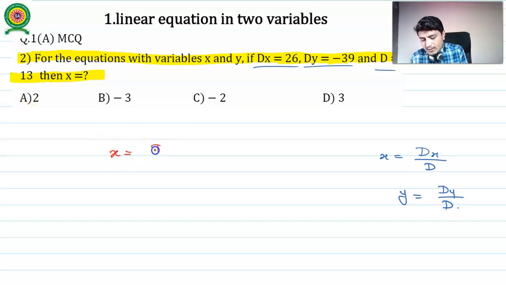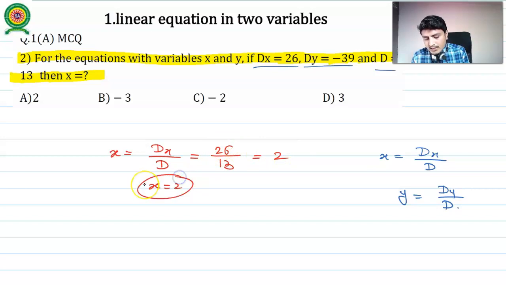Here we have been given the value of dx as 26 and d as 13, and we have to evaluate x. So x is equals to, as per Cramer's rule, dx divided by d. dx is 26, d is 13, and we know 13 twos are 26, so the value of x is 2. The same question can arise for finding the value of y. So y is equals to, as per Cramer's rule, dy divided by d.